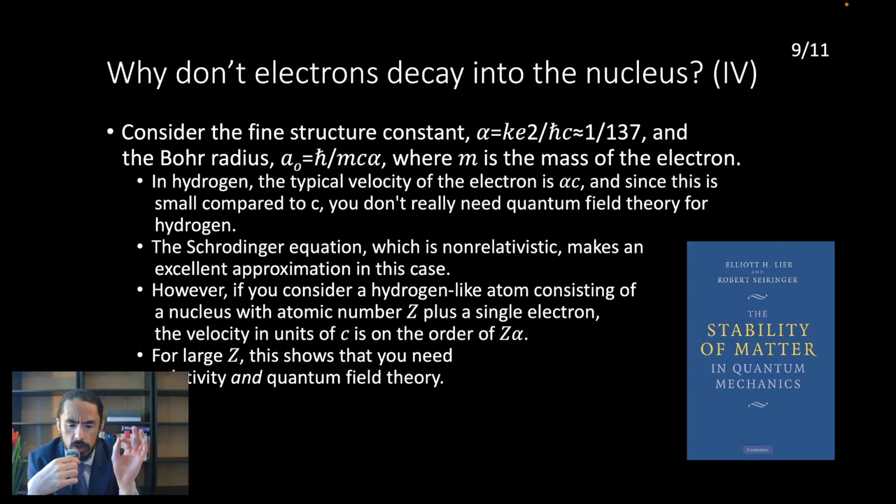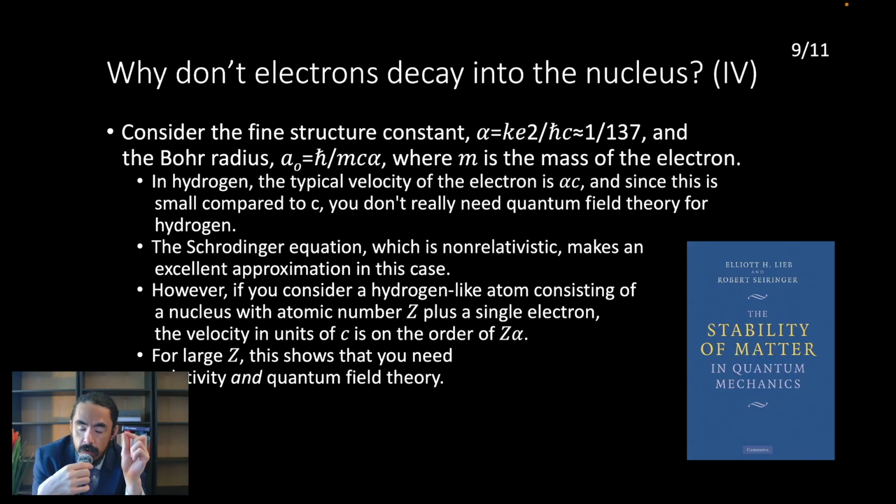Who knows? So consider that first quantity, the fine structure constant, and then also consider the Bohr radius itself. Lowercase a naught equals h bar over m c times the fine structure constant alpha, where m is the mass of the electron. Okay, so I was wrong previously when I thought that m was the mass of the entire hydrogen atom.